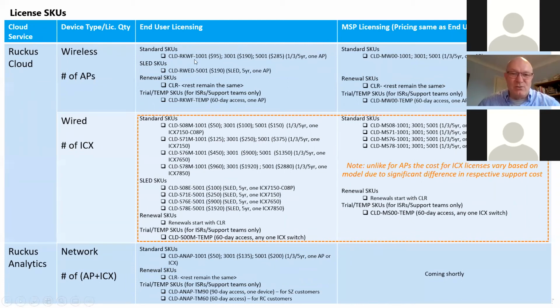So you buy one of those for each AP and or switch that we'll come on to in a moment. So quite simply, that includes everything. It includes the management of that AP plus the technical support is all built into that one license for 1, 3, or 5 years.